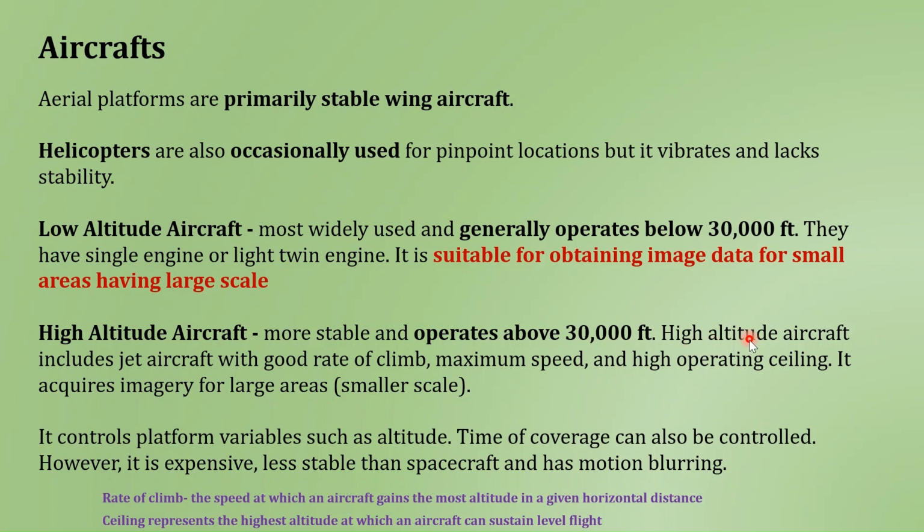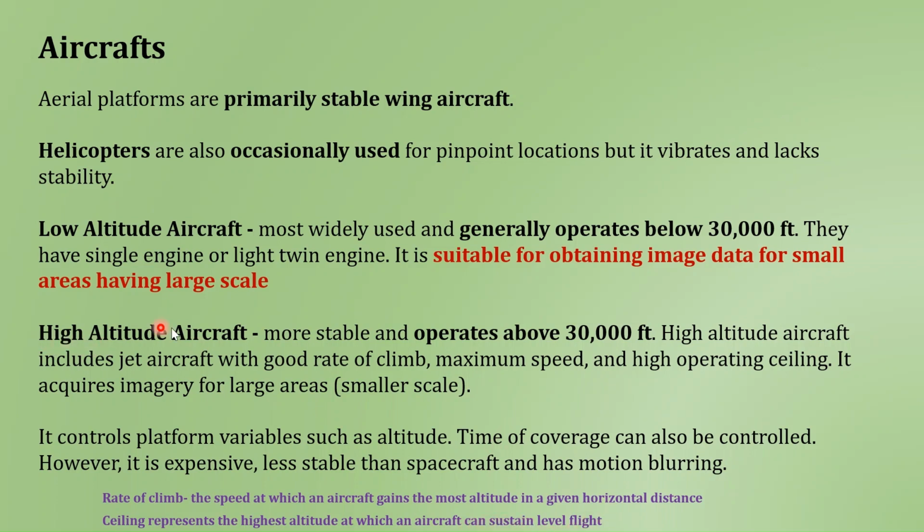These include jet aircraft which have a good rate of climb, maximum speed and high operating ceiling. Good rate of climb refers to the speed at which the aircraft gains the maximum altitude in a given horizontal distance. And the high operating ceiling represents the highest altitude at which the aircraft can sustain level flight.